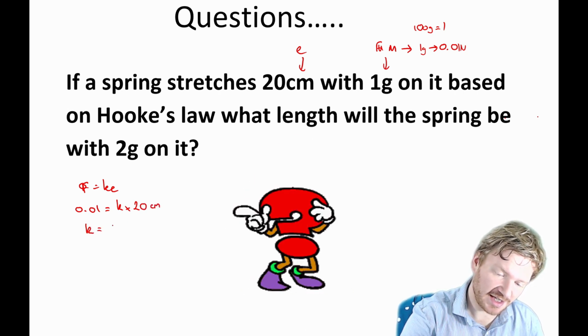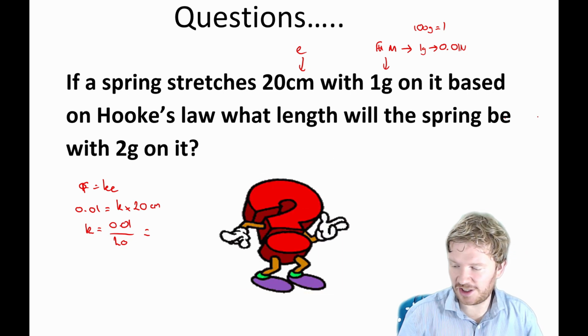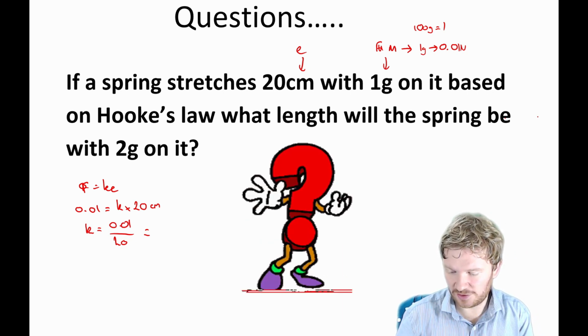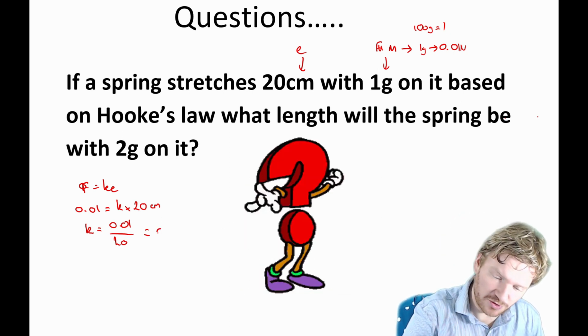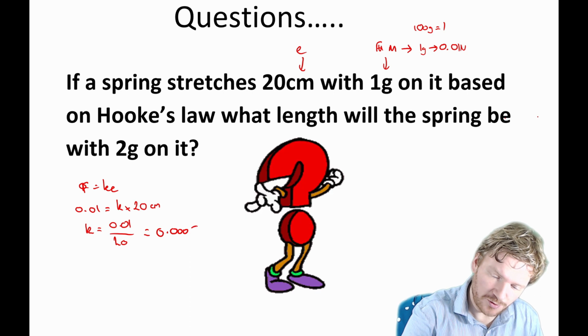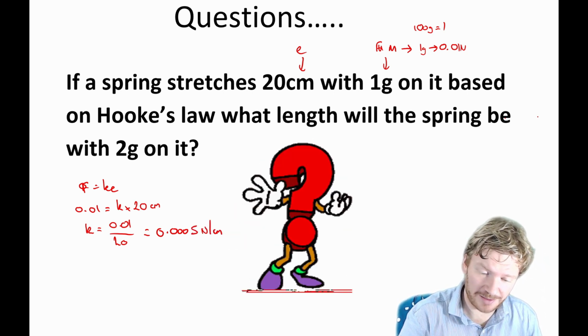So K is 0.01 divided by 20. So K is 0.0005 newtons per centimeter. I can use it that way.